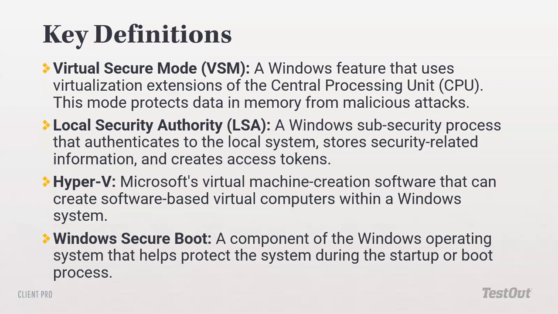So virtual secure mode basically allows Windows to control what the CPU does, okay, in order to protect the CPU and, of course, everything that rides upon it from malicious attacks. So it uses what they're calling virtualization extensions of the CPU.